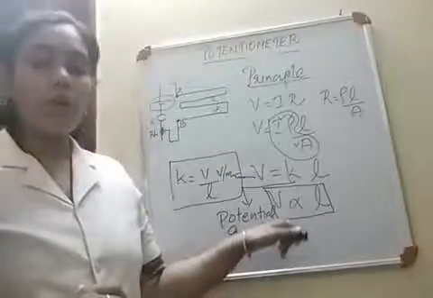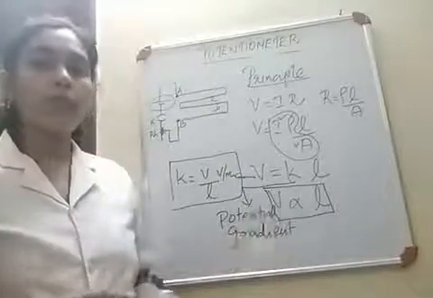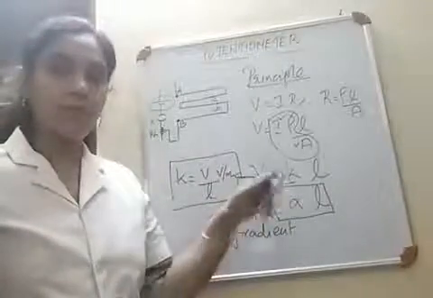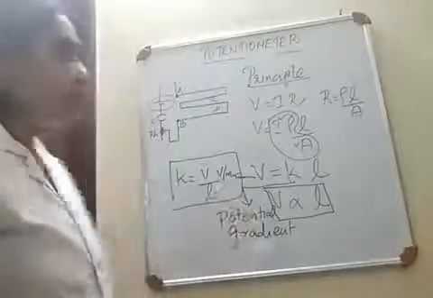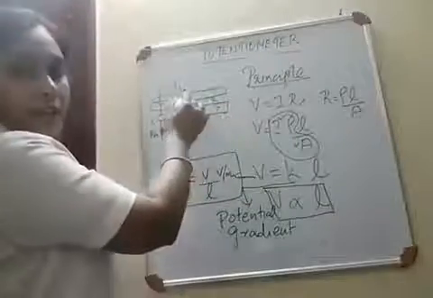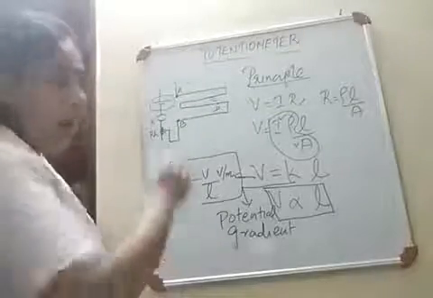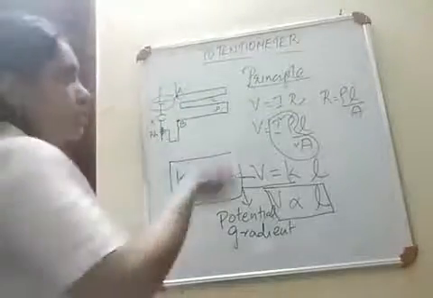The potential drop across any 2 points of the potentiometer wire will be proportional to the length of that wire between those 2 points. For example, consider 2 points A and C here, and we need to find out the potential drop across A and C. So what is the principle?